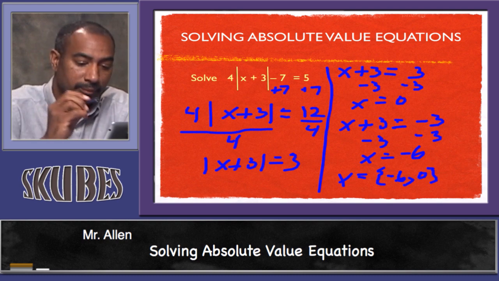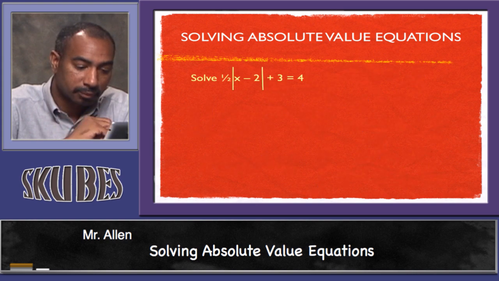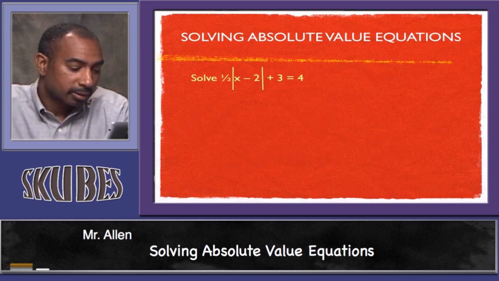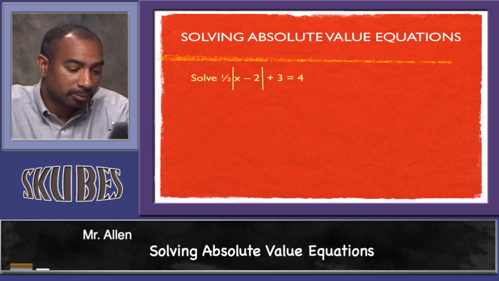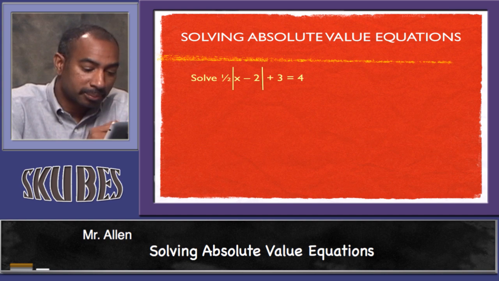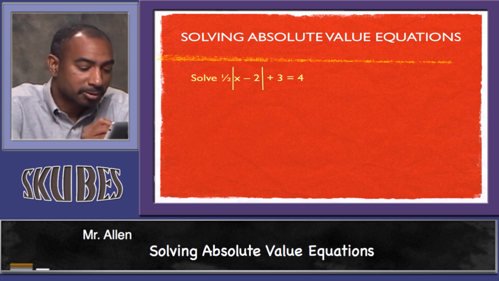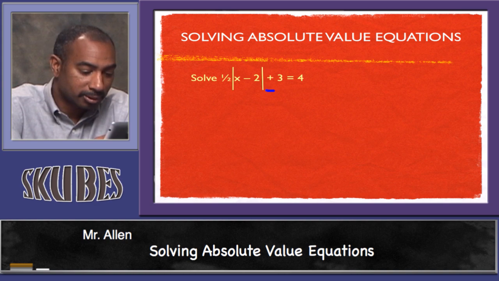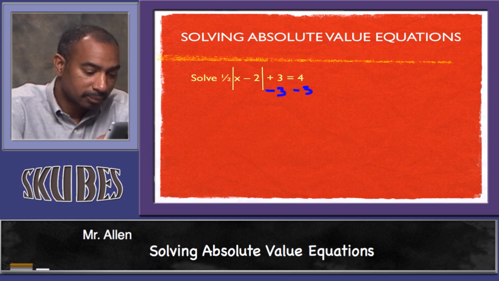All right, solve 1/2 times the absolute value of x minus 2, plus 3, equals 4. Like we did in the other problem, you want to get rid of what's added or subtracted first. So I have a 3 added to the absolute value. I'm going to subtract 3 from both sides.